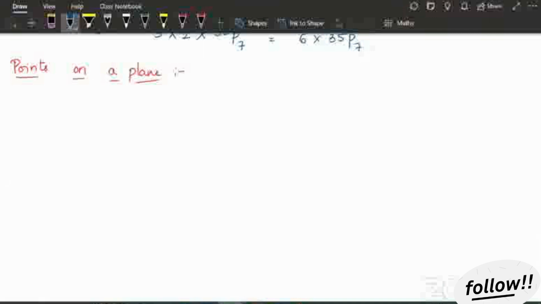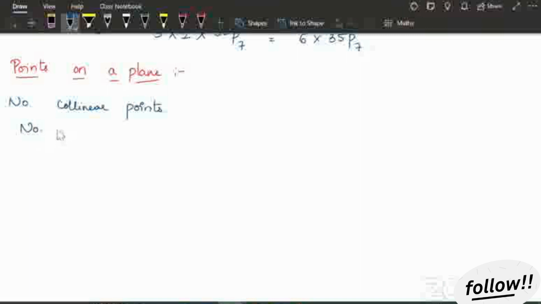The first category is no collinear points, which means none of the points are collinear. Then, if they ask how many straight lines can be formed, please observe: to form one straight line, we need 2 points, right?